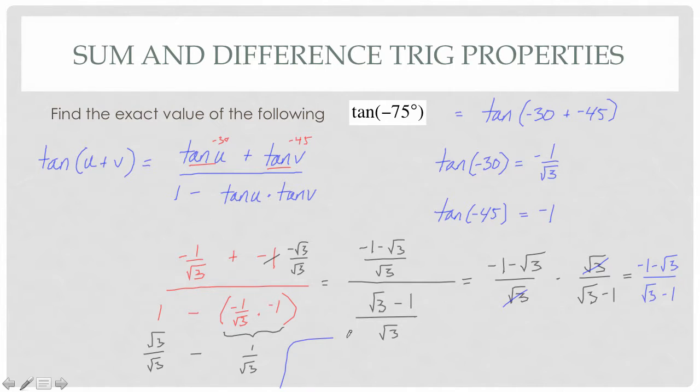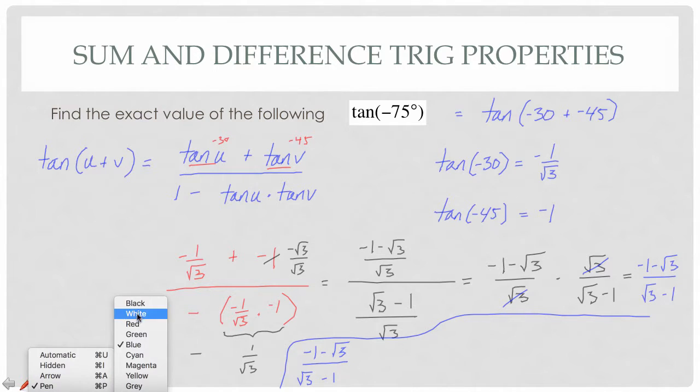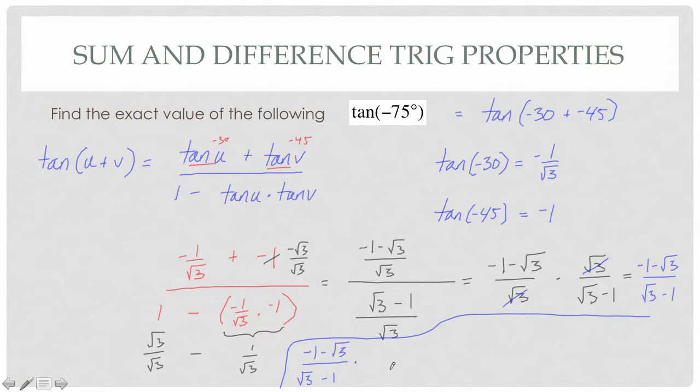I'm going to make some room out there. Let's rationalize the denominator and see what happens. So negative 1 minus the square root of 3 over the square root of 3 minus 1. And I'm going to multiply by the square root of 3 plus 1, the conjugate. And let's see if we can get some things to simplify down.